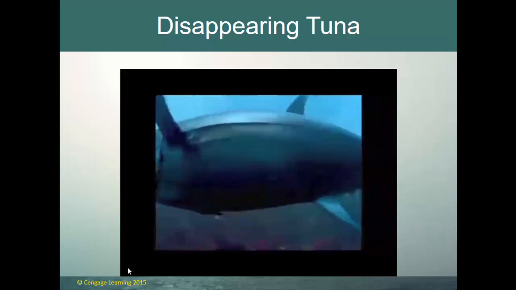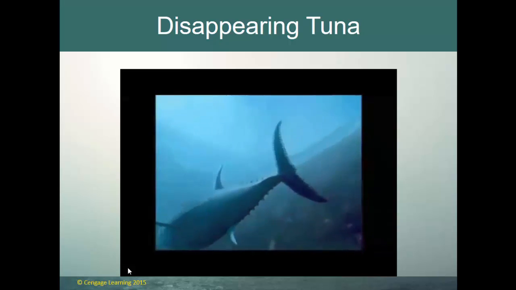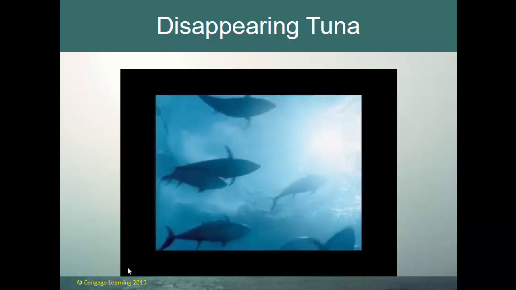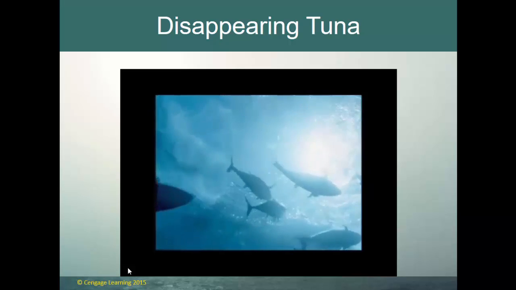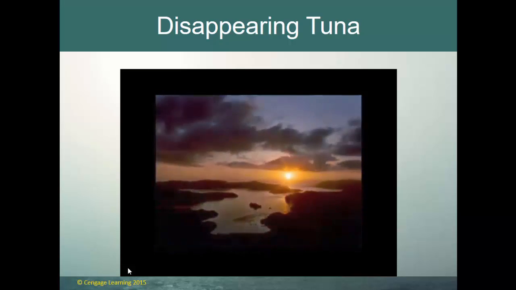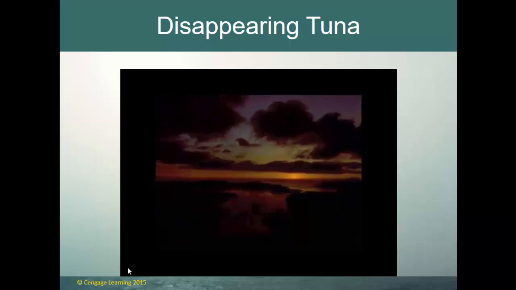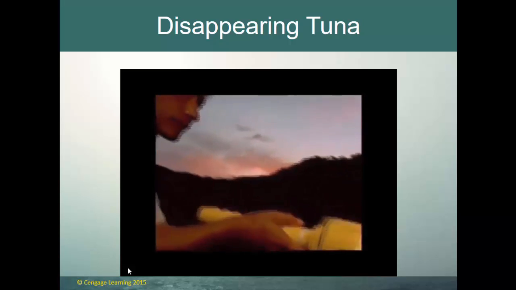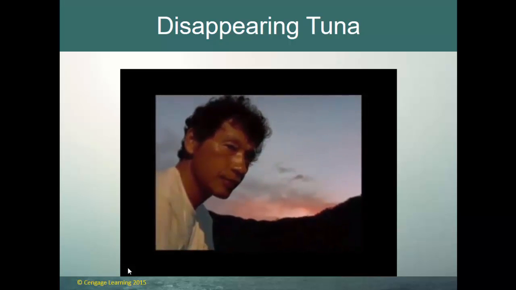To help solve this problem, Masuma has been breeding bluefin tuna on his fish farm. Masuma says he is trying hard to learn about the tuna and how to help them. Every evening, Masuma waits at the edge of the breeding pool to see if there are any new tuna eggs.